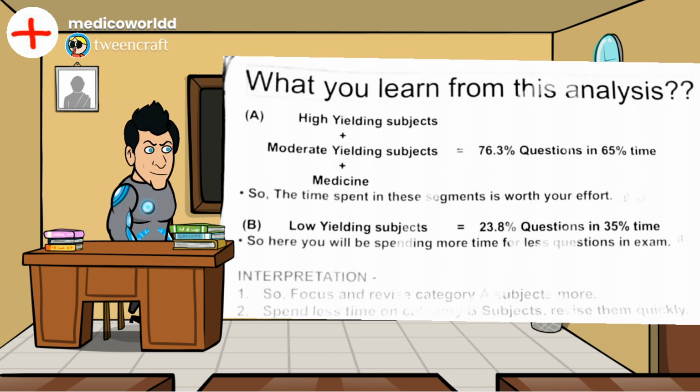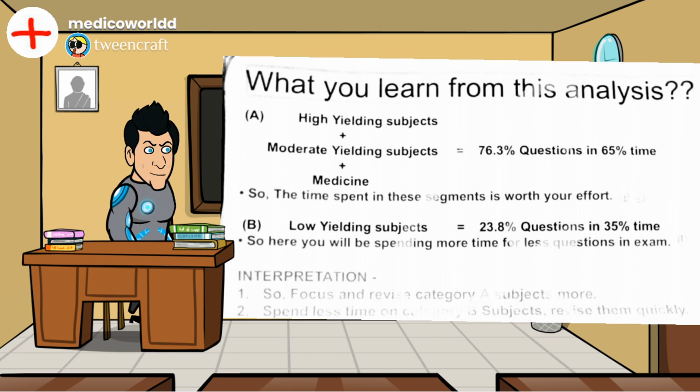Now part B includes low yielding subjects. Low yielding subjects account for 23.8% of questions from the 100% questions of the entrance test examination, and they will require 35% of time for your revision from your entrance test examination revision timing of 100%.